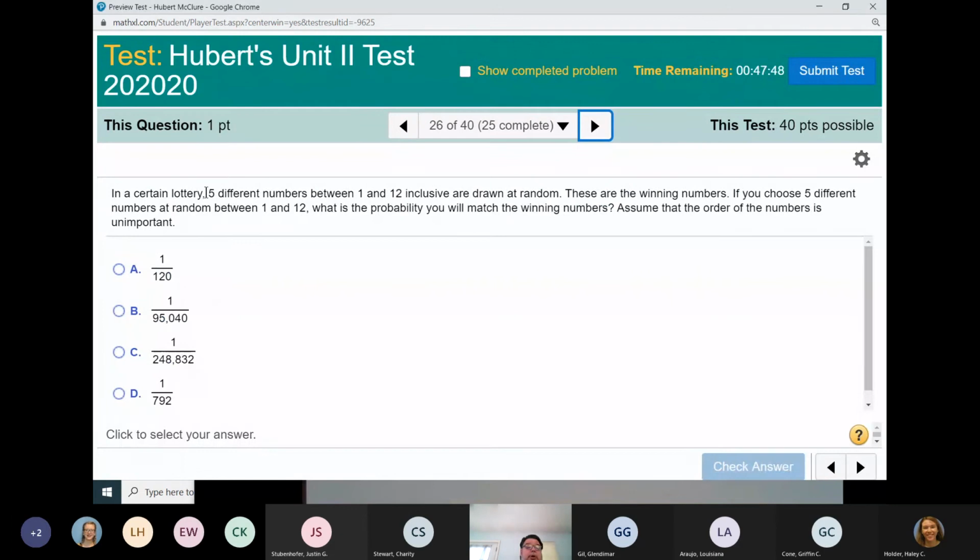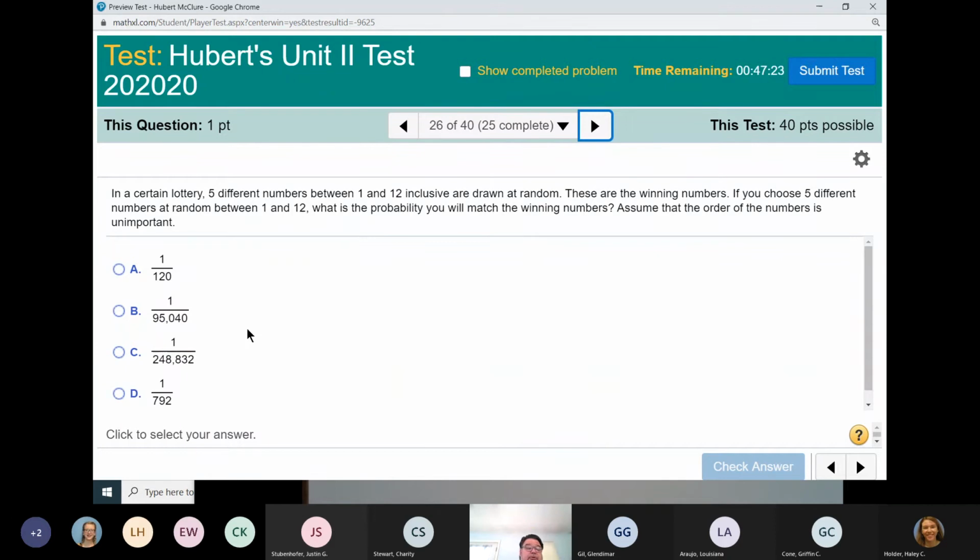In a certain lottery, 5 numbers between 1 and 12 are drawn at random. If you choose 5 different numbers at random between 1 and 12, what is the probability that you will match the winning numbers? Assume that the order is not important. So that's going to be 1 over 12 combination 5.